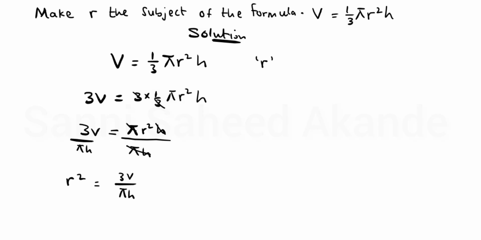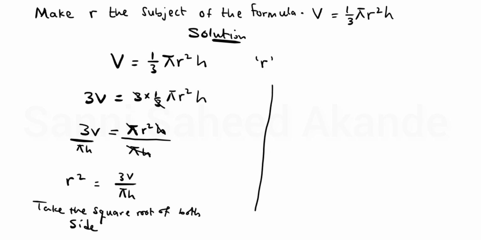So now to get rid of this power of 2, we are going to say take the square root of both sides. Okay, take the square root of both sides. All right, so let's quickly do that. We now have R squared, then find the square root here is equal to square root of 3V divided by pi h.